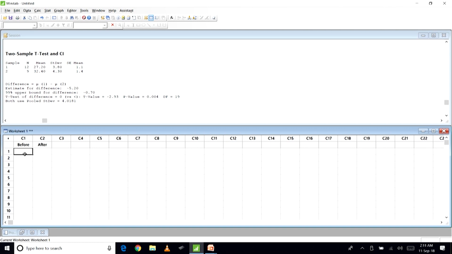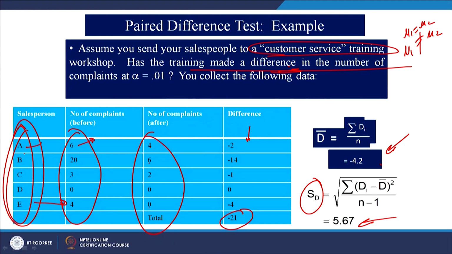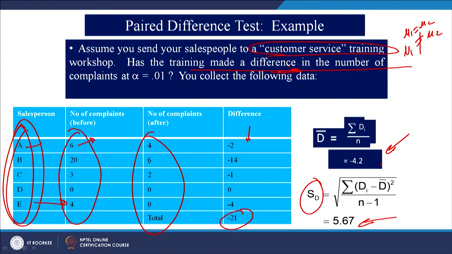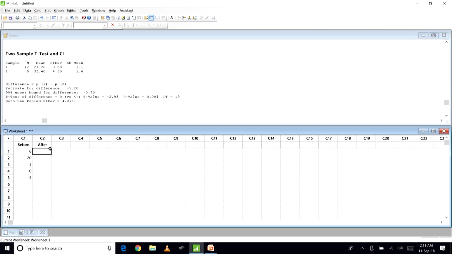So, let us enter data. So, this is 6, 20, 3, 0, 4, right, and then after, 4, 6, 20, 0, 0.